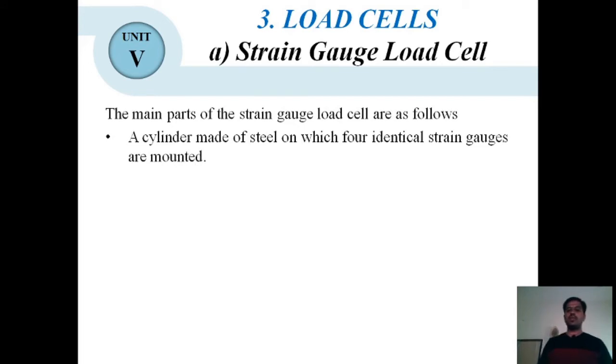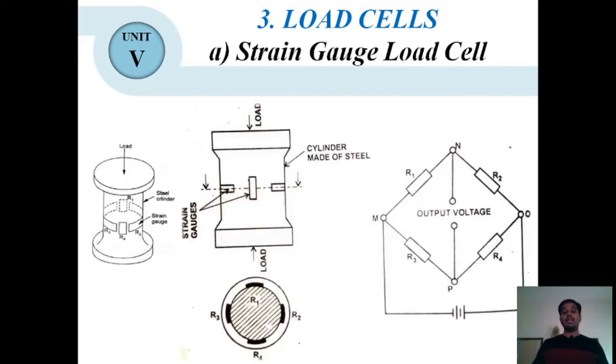So what are the main parts involved in the strain gauge load cell? As discussed, we have a cylinder made of steel on which 4 identical strain gauges are mounted. We bond these 4 strain gauges on the surface of the cylinder in such a way that R1 and R4 measure the linear motions of the cylinder, and R2 and R3 measure the lateral dimensions of the cylinder.